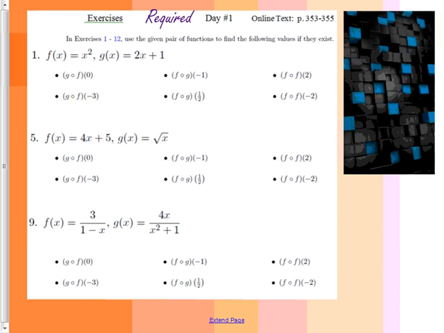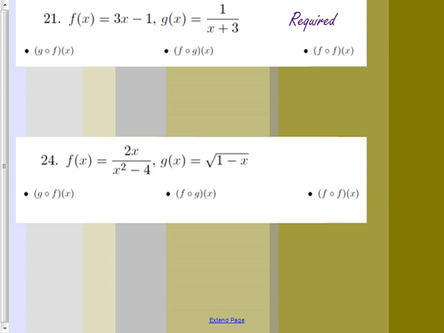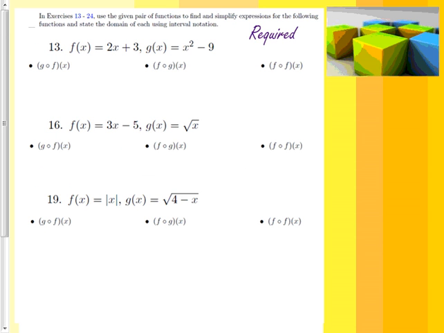And yep, then problem number 13 is a skip. And these are those ones where you're doing like f of g of x. You also need to find the domain.